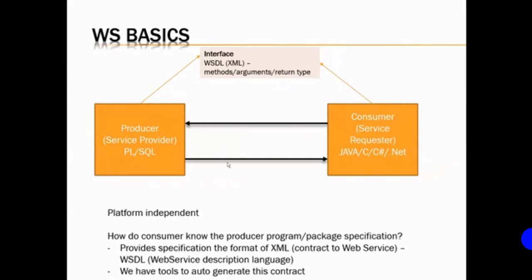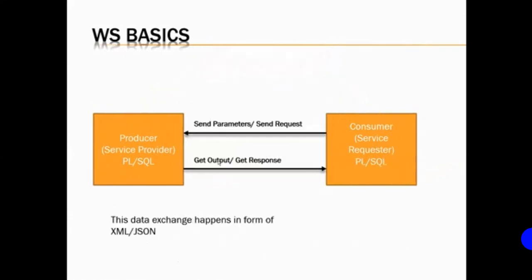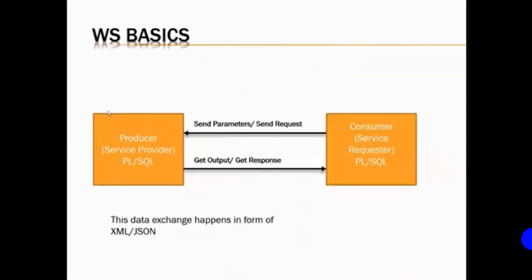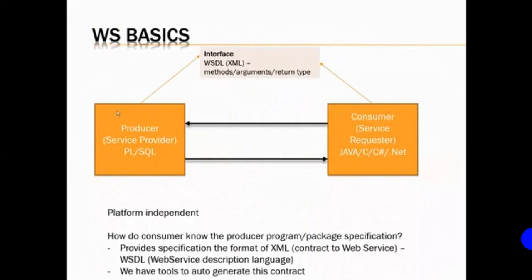Coming back to my previous point, when the consumer is trying to call the full name, how do we know the specification of the full name? How do we know the input parameters and output parameters? For that, for every web service we have something called Web Service Description Language, WSDL.